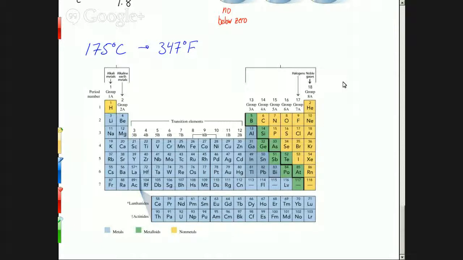So the number of neutrons is 38 plus 30 protons. Should be 68, right? 38 plus 30, 68. So when the number of neutrons is specified, then we don't look at the periodic table, we add those together. The mass number is the neutrons plus the protons. We know there are 30 protons because the atomic number is 30.